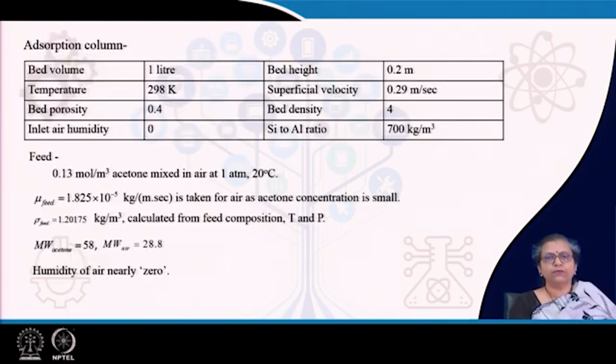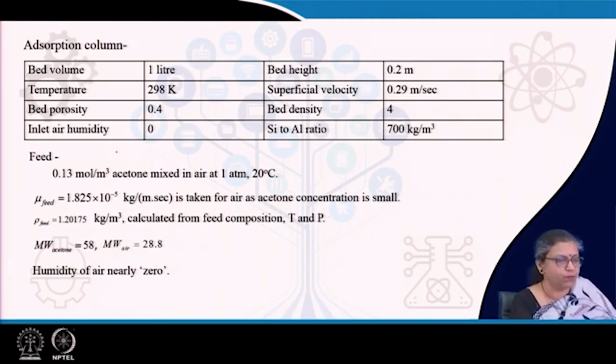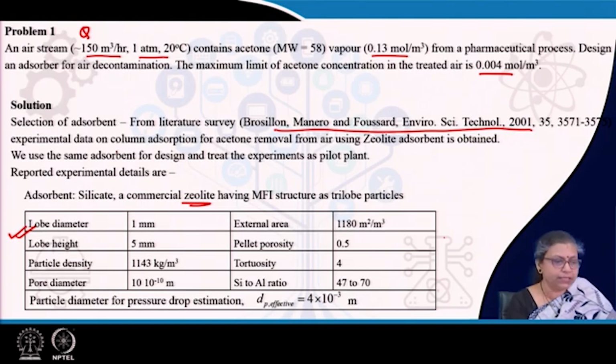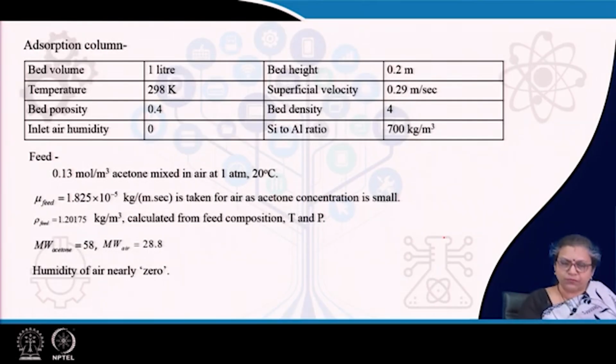So, with this particular breakthrough curve and with the adsorption column details and the adsorbent details that they have provided, we proceed with the design of the adsorber for the feed concentration which has been provided under the conditions which are given here.